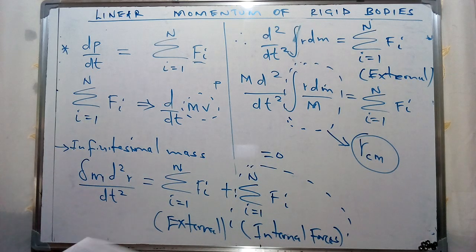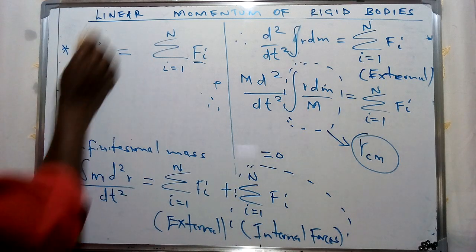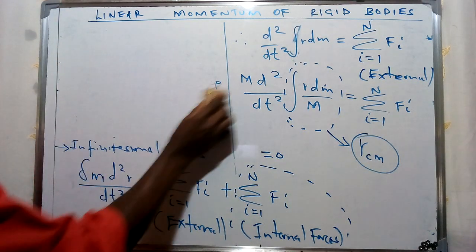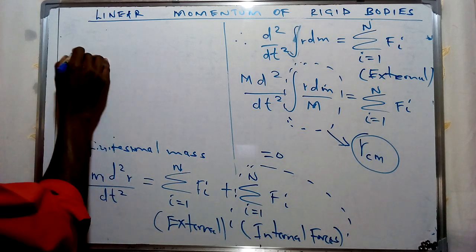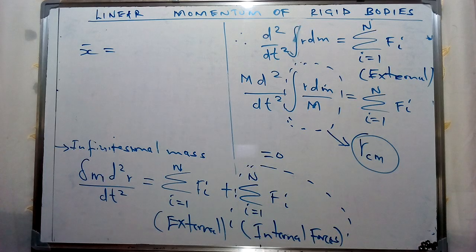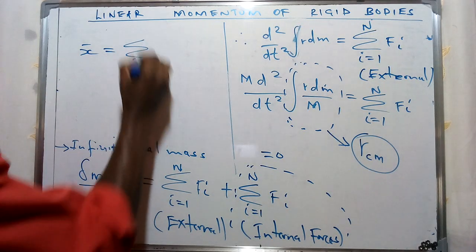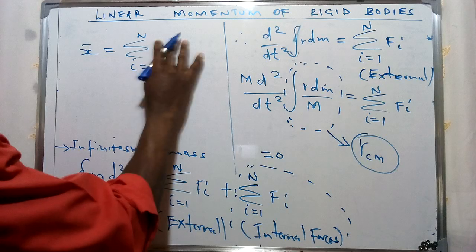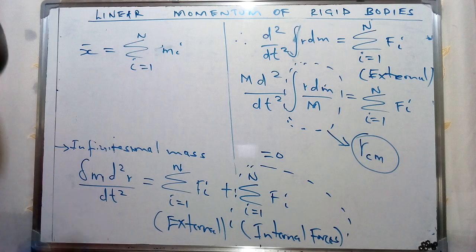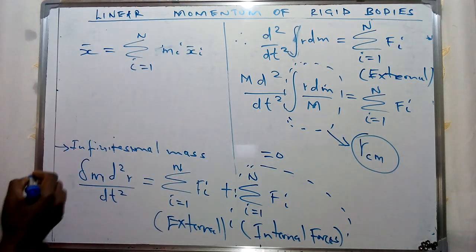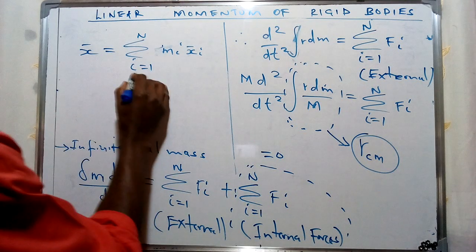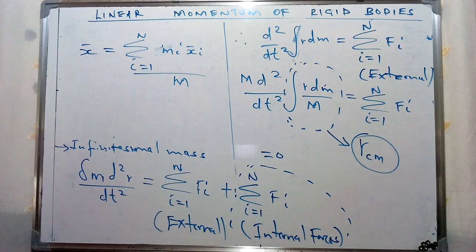Now, in other versions, we're going to come across the center of mass given in terms of this specific representation: x bar is equivalent to the summation of these specific elements of mass, m_i, with the product of the position vector x_i, all over M. And this gives us what we refer to as the position of the center of mass.